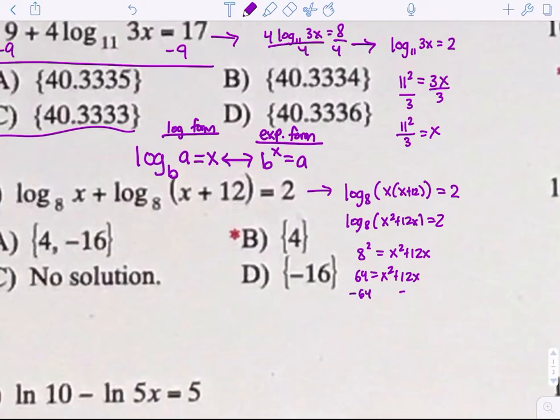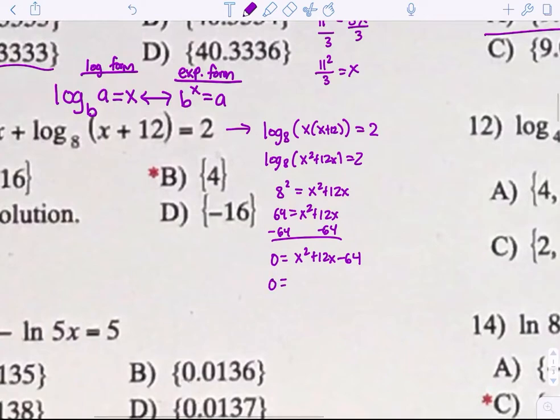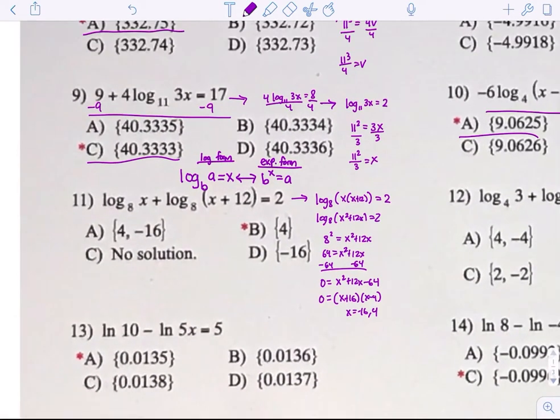Subtract 64 from both sides. 0 is equal to x squared plus 12x minus 64. Factor: x plus 16, x minus 4. So then x is equal to negative 16 or 4. Now, if you plug these into your equation, notice you will get negatives, which means negative 16 is not going to be an answer, so your only answer is 4.